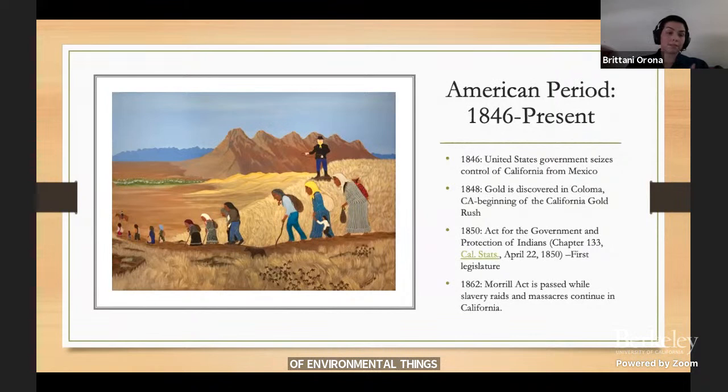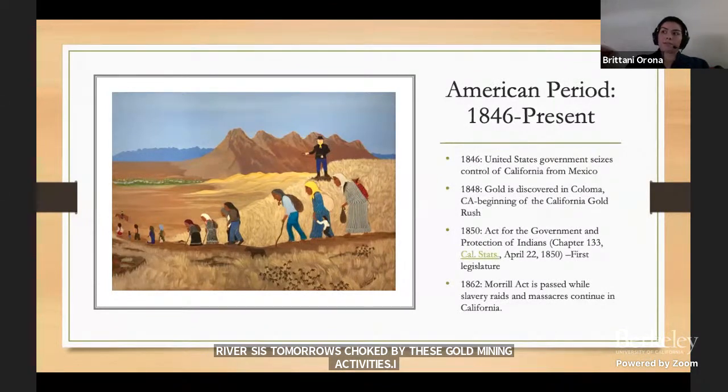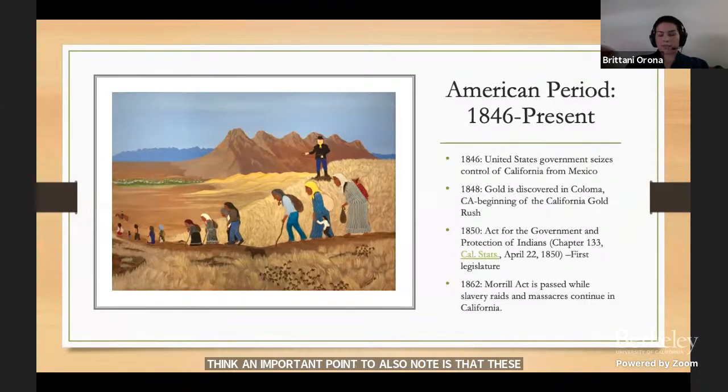There are a lot of abandoned mine lands in indigenous territories, and a lot of river systems that have been choked by these gold mining activities. So an important point to note is that these violent acts in the past are very, very present today and real, and they still scar the landscape over our traditional homelands.